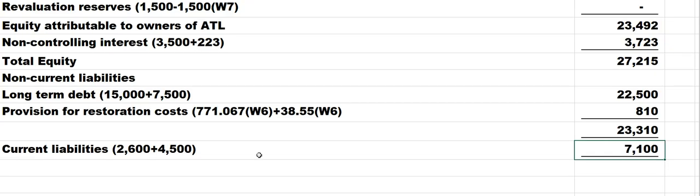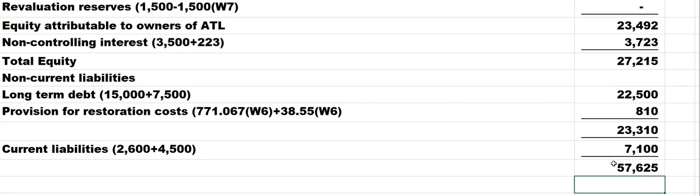So now we can get our total. I'll get the total equity plus this total non-current liabilities, then plus the current liabilities, gives us 57,625.